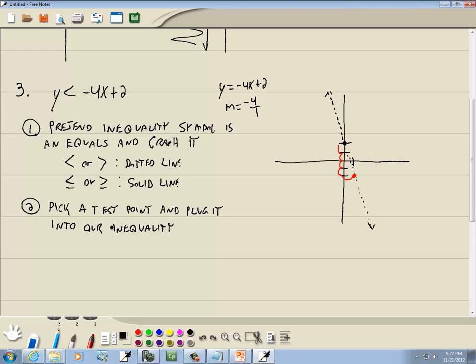If true, then shade the side where the point falls. If it's false, shade the other side.